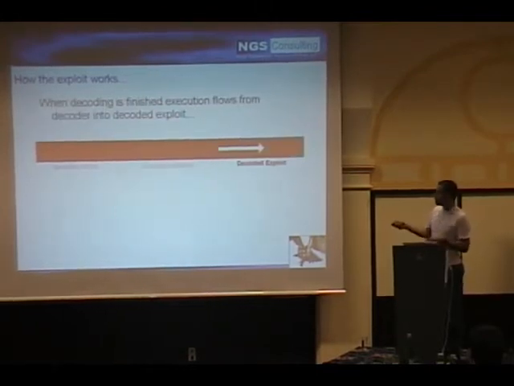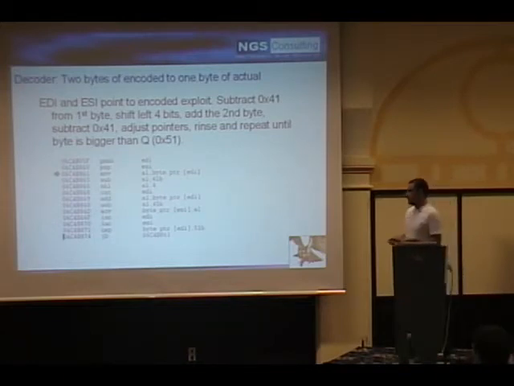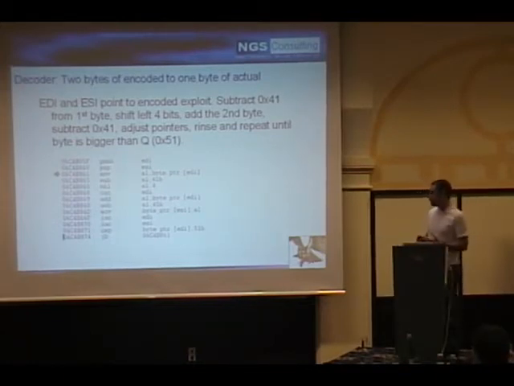Eventually, the decoder finishes, and we continue execution from there onwards. So that way we can get our arbitrary code across without having to worry about there being characters greater than 0x7F.